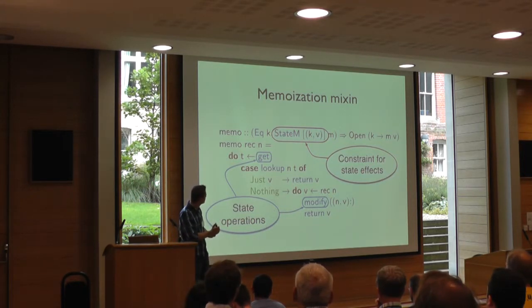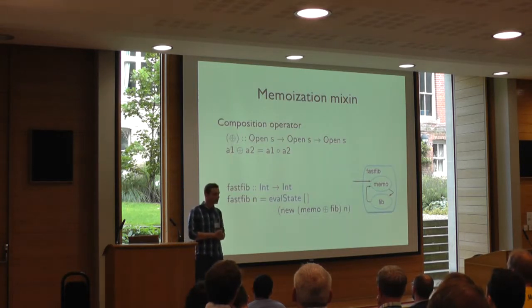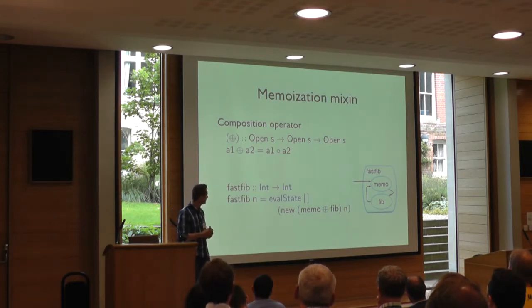Again, notice we don't use a specific monad here, so we don't use State, but we have a state monad constraint on the type variable, and we quantify over it. What we can easily do is then compose fib and memo. The constraints are then combined, so it has to be a monad, and it has to be a state monad.